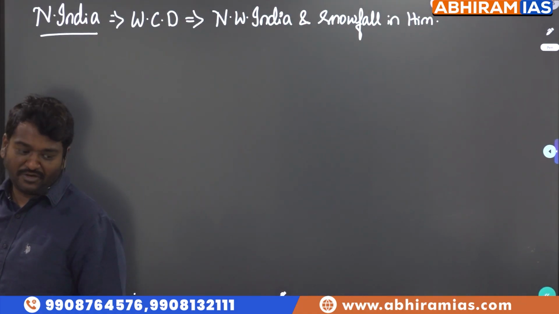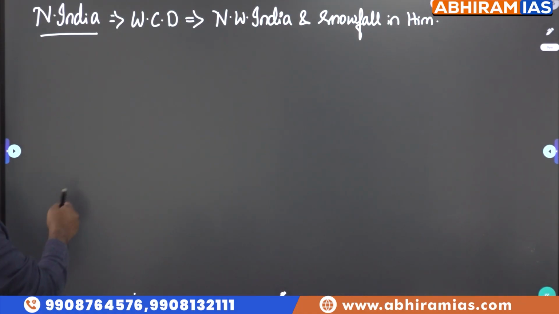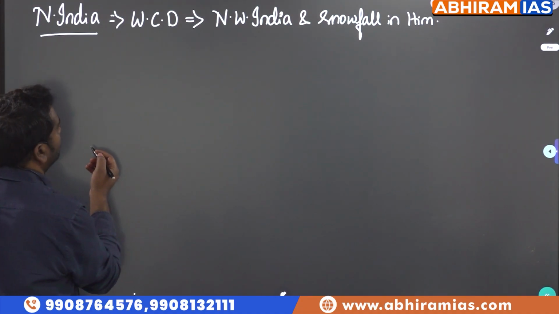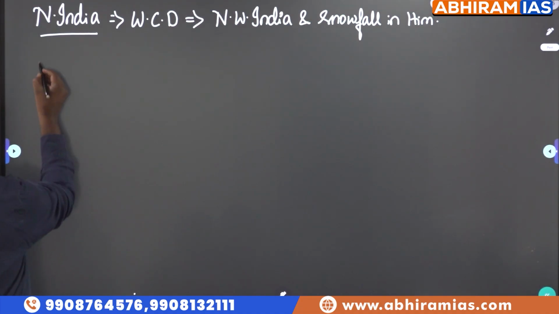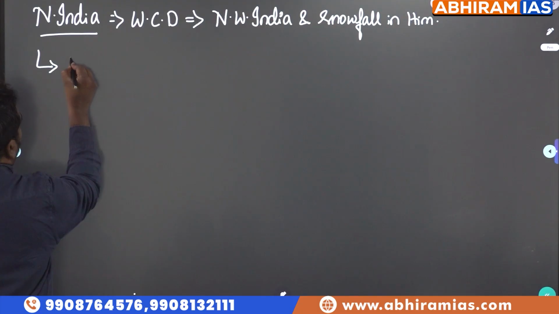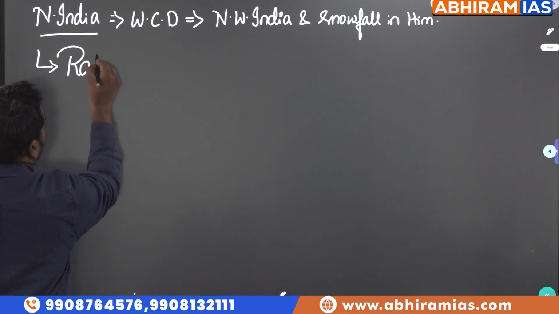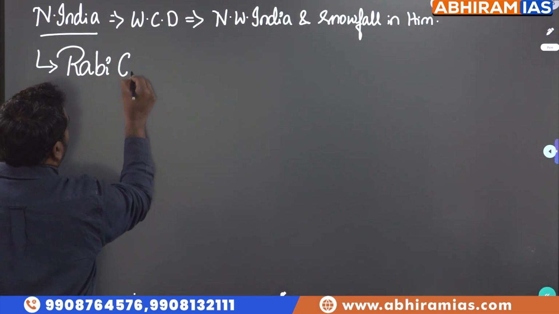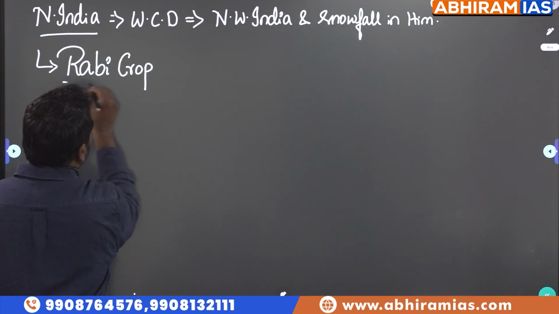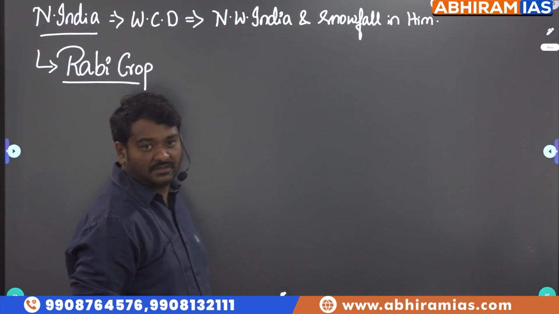If this is the case, can you tell me, northwest India, when it gets rainfall, this agriculture is called Rabi crops.